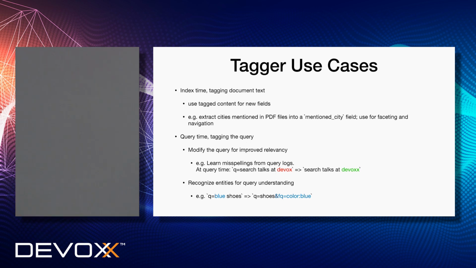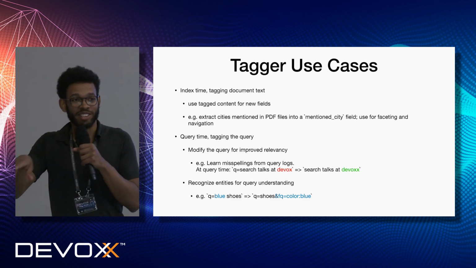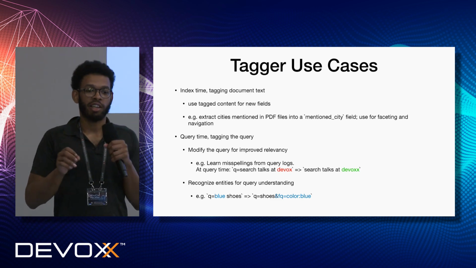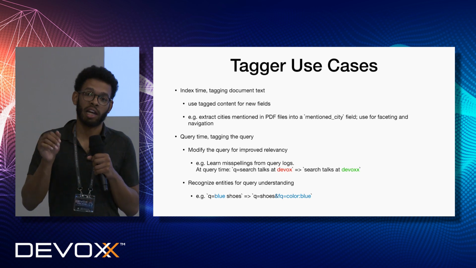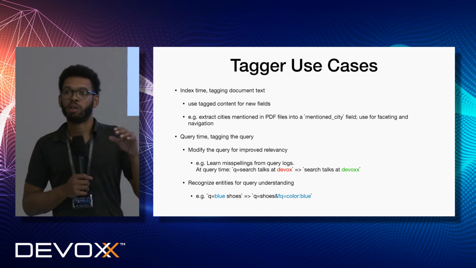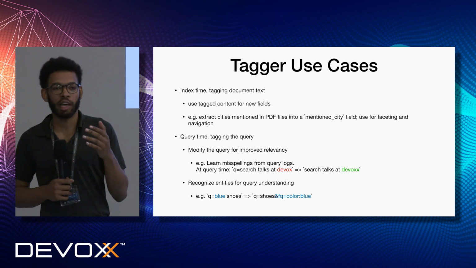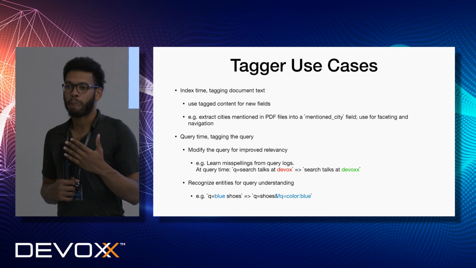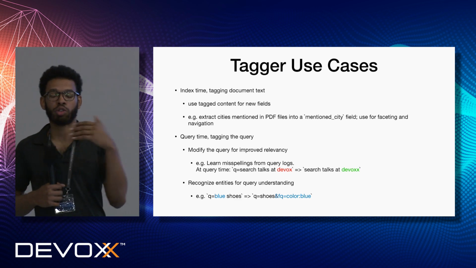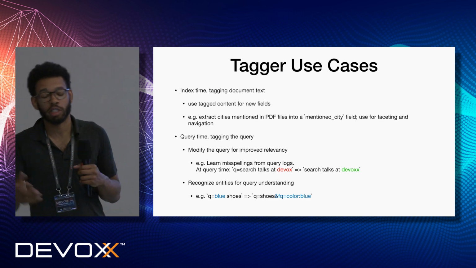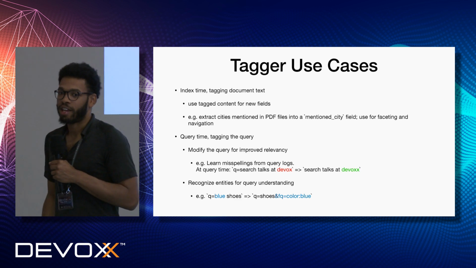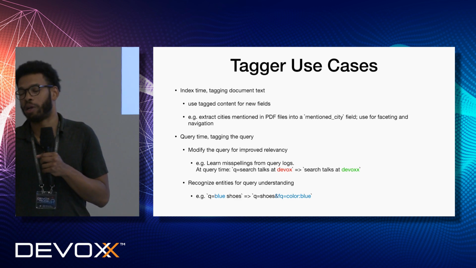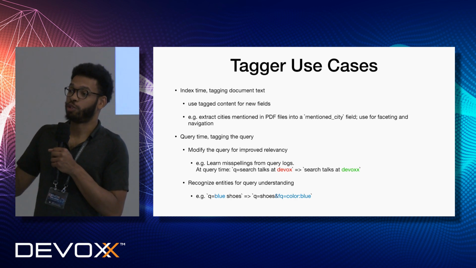Witamy przyszłości. Right here is the Welcome to the Future, for those who don't speak Polish. This is the area where you can extract a lot of value because one of the things that makes conversations between two humans so fluid and so comprehensible most of the time, if you're speaking the same language, is that you know when an apple refers to an apple and an apple refers to a computer.